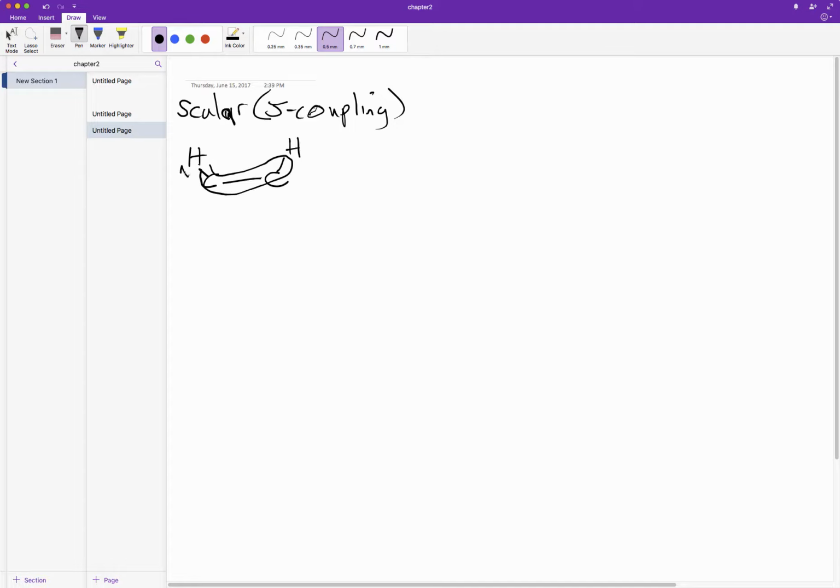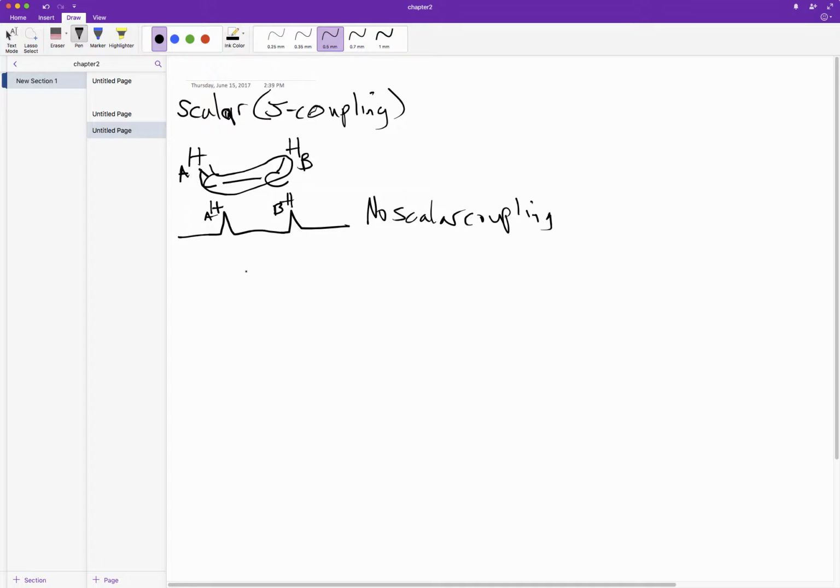So we'll call this guy A, and we'll call this guy B, okay? And so in the absence of scalar coupling, you may see something like this, where this is the peak for A, and this is the peak for B. And so this is the no scalar coupling situation.